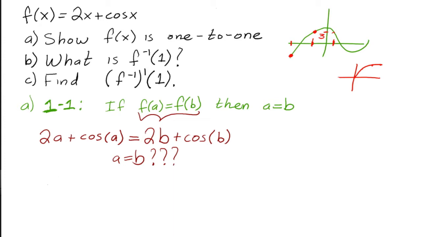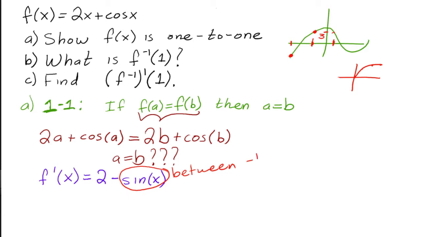Using the derivative, we can actually show that this function is 1-to-1. So follow with me here. Let's find the derivative. The derivative of this function is 2 minus sine of x. Now, notice that sine of x is always between -1 and 1.